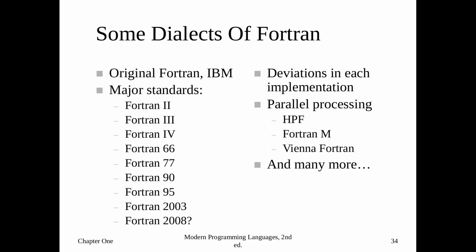It's one of the very first high-level programming languages. There's code that was written in like the 60s that's still operating, for example, at places like Los Alamos, that was all written in Fortran. There are derivations of Fortran, like HPF and Fortran M for parallel processing. That's how supercomputing for highly scientific applications is done.